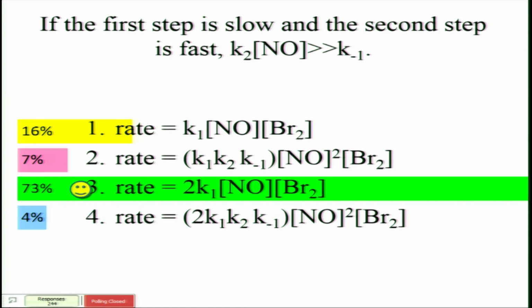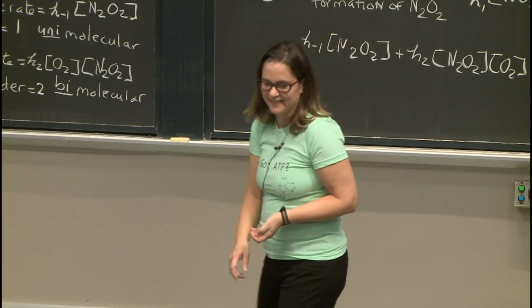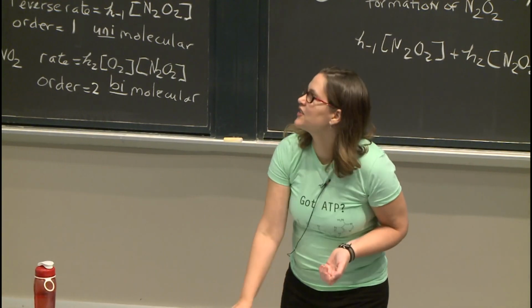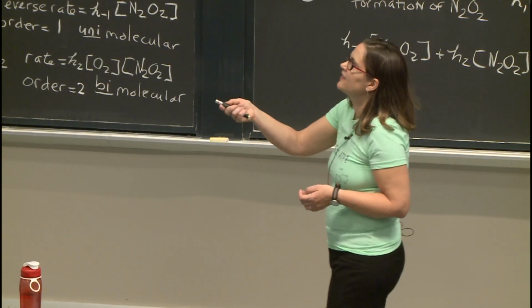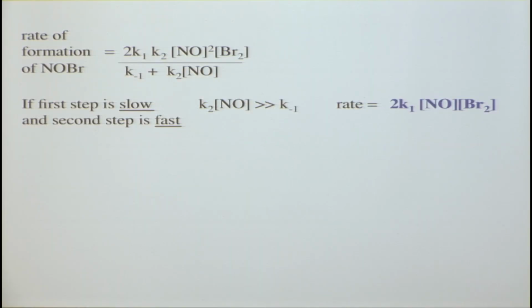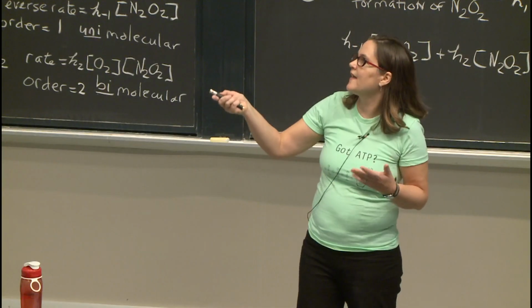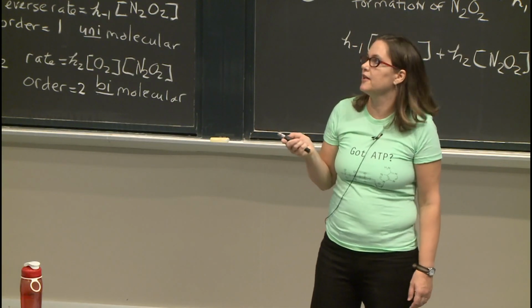Okay, let's now think about why that's true. This involved doing a couple of steps in your head. If we have a first step that's slow and a second step that's fast, the second step involves the k2 times the concentration of NO. That's the second step. That's fast. That's going to be a big number compared to k minus 1.